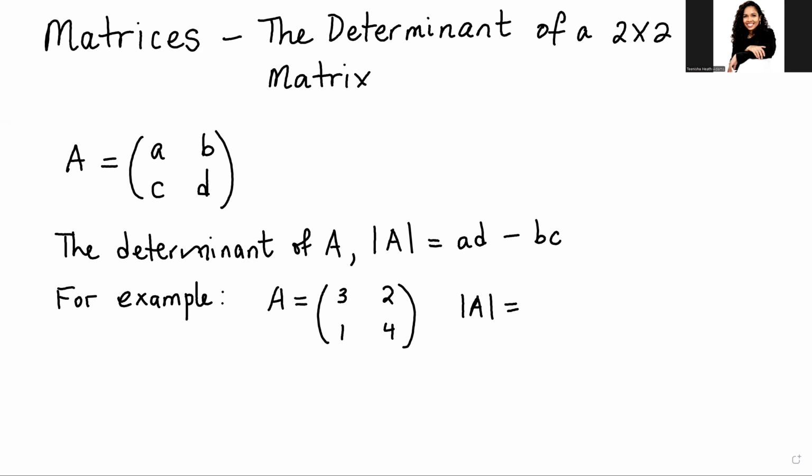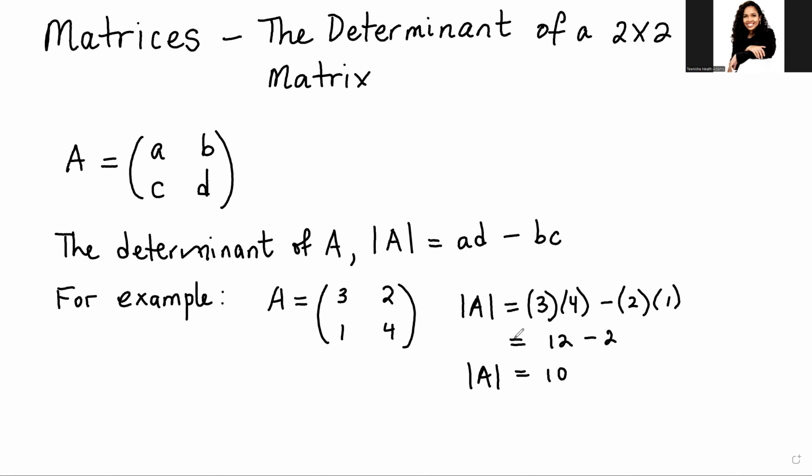So ad, which in this case is 3 times 4, minus 2 times 1. That would give me 12, take away 2, which is 10. So the determinant of A here is 10.